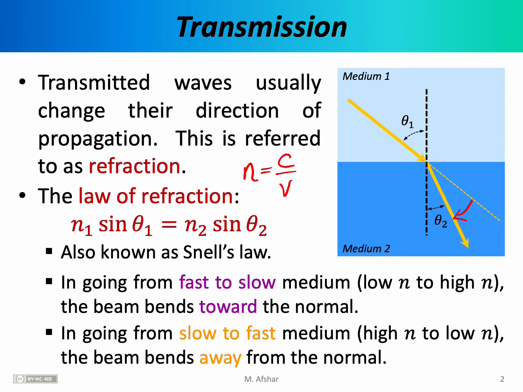On the other hand, in going from a slow to fast medium, that is, a medium with high n to a medium with low n, the beam bends away from the normal. So the beam bends upwards, getting farther from the normal line. In either case, one can calculate theta 2 precisely using the law of refraction.